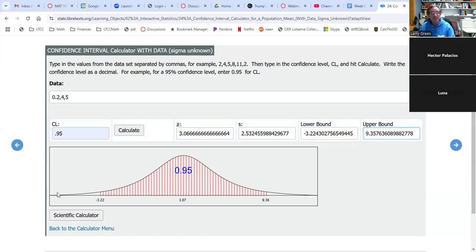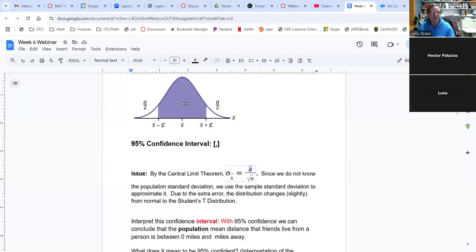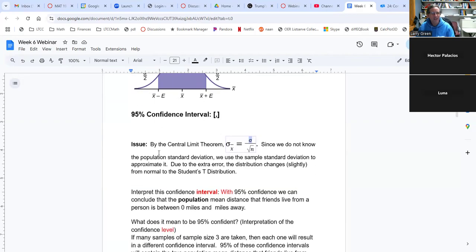And by the way, this is actually not a normal curve. This is a t-distribution curve, but it doesn't look that much different, does it? That's just a note. So negative 3.2 and 9.4.